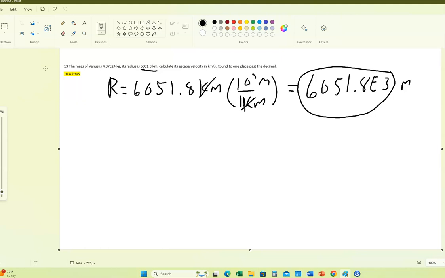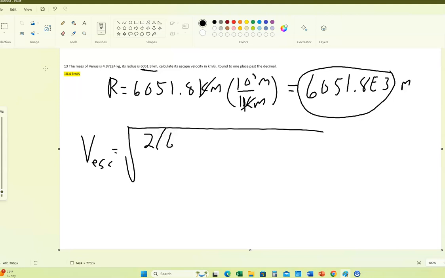All right, and so here's the escape velocity equation. Of course, the escape velocity is the square root of 2 times big G, which is the universal gravitational constant, 6.67 times 10 to the minus 11th, times the mass of this planet.